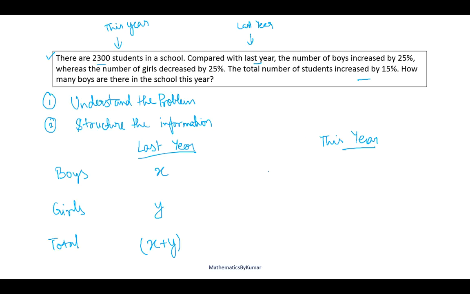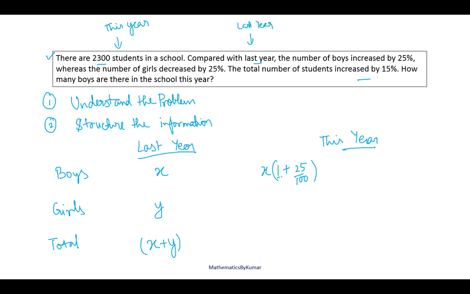So this year the number of boys increased by 25%. How do I put that into an equation? I start with x, and whenever something increases by a certain percentage, the way I write it is 1 plus, in this case, 25 over 100.